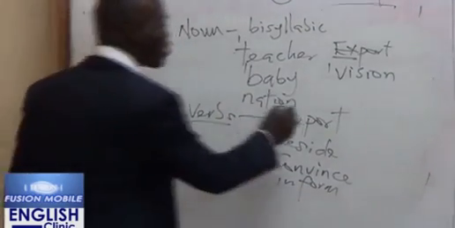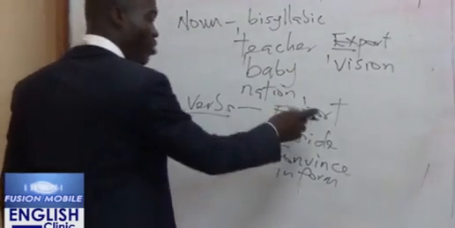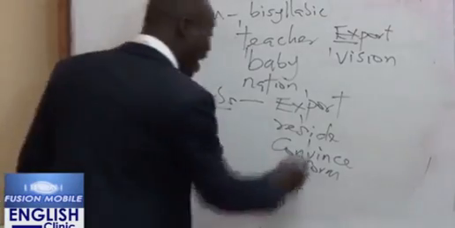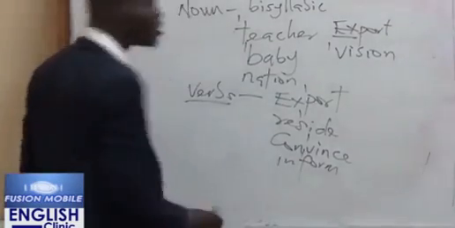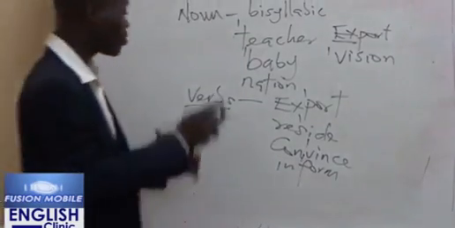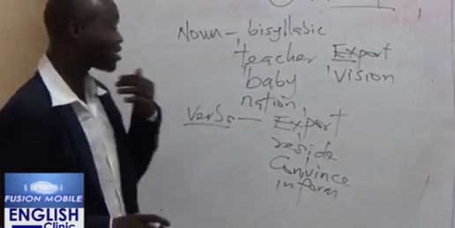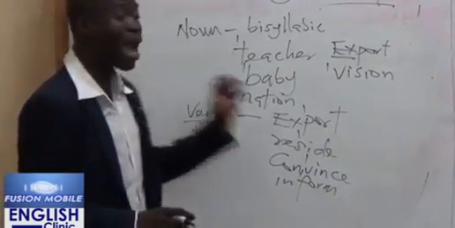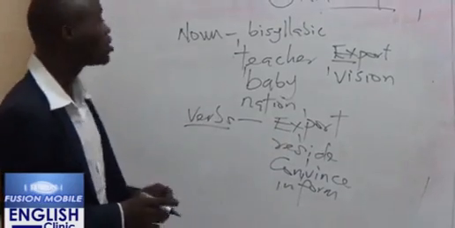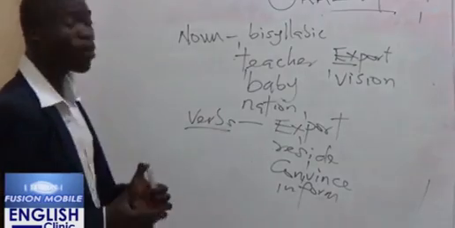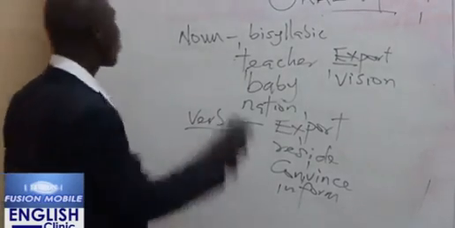So the stress is on the second syllable: export, reside, convince, inform. So as a matter of fact, most verbs that are 2 syllables are stressed on the second syllable. Now let's go to words that are polysyllabic words.